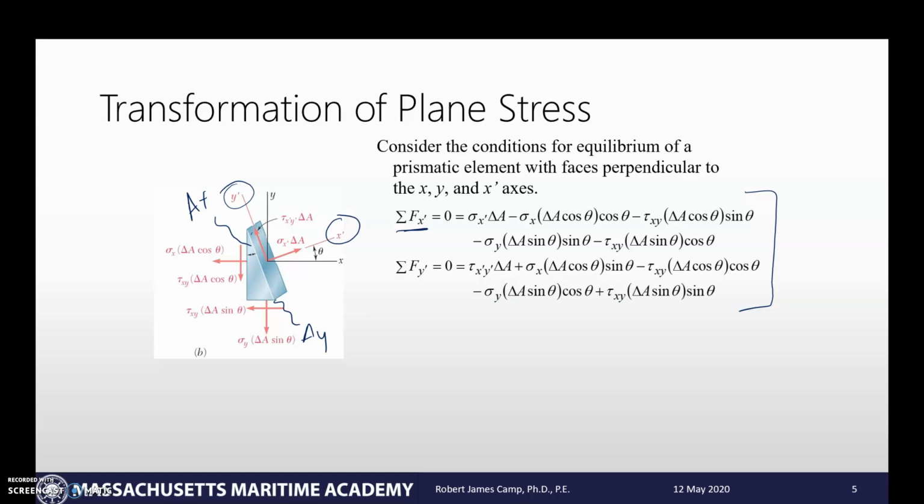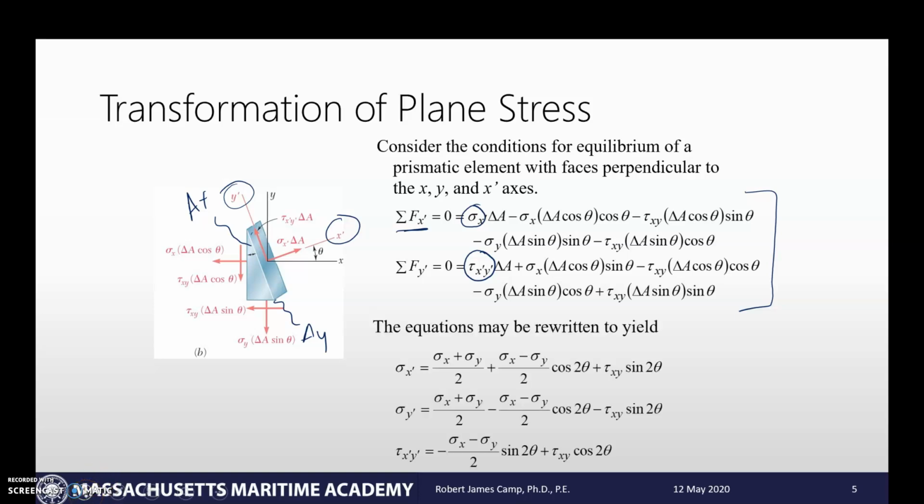And so what am I going to do with all of this? Well, I'm going to simplify it. I'm going to bash it all together, but I'm going to solve for sigma x prime and tau x prime y prime. And that's going to give me these equations here. These are the important ones because we've rewritten all these equations.